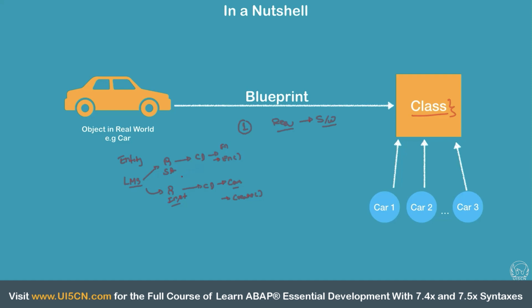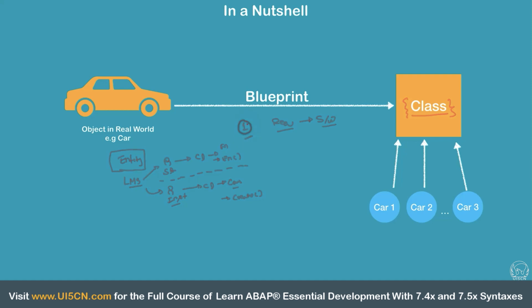So the mapping of a real-world problem into the software world is relatively easier with object-oriented programming. It's also easier for a new developer to identify what the requirement in the real world is and how it is mapped into the program. That is one benefit you will see in object-oriented programming.